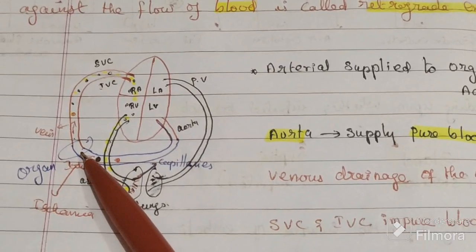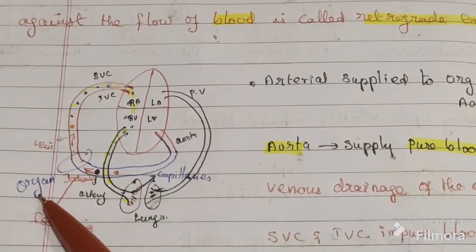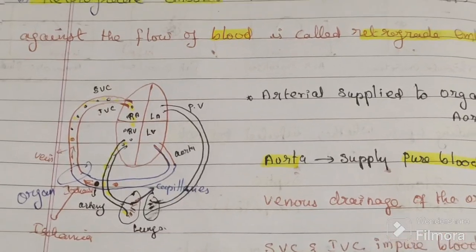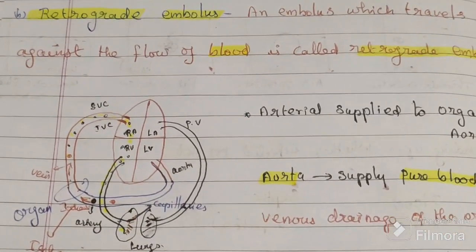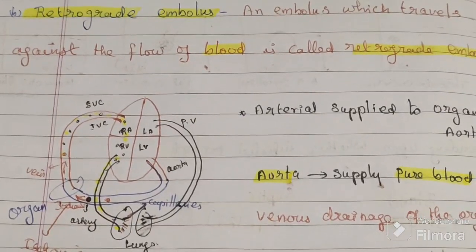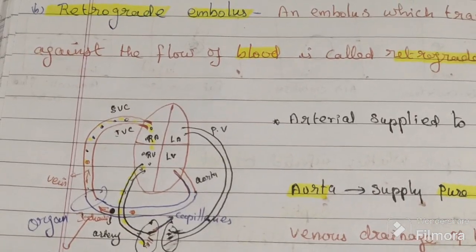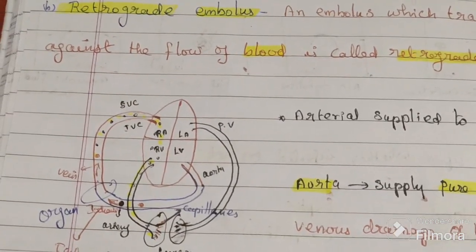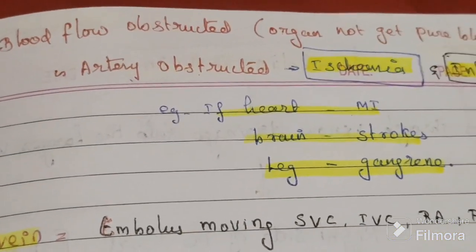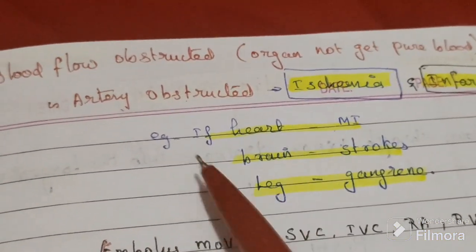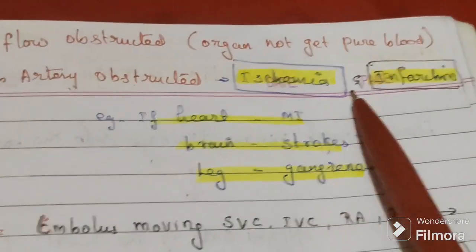So here obstruction will happen, and it will cause ischemia of that organ. If that organ is the heart, we know artery obstructed means ischemia or infarction.